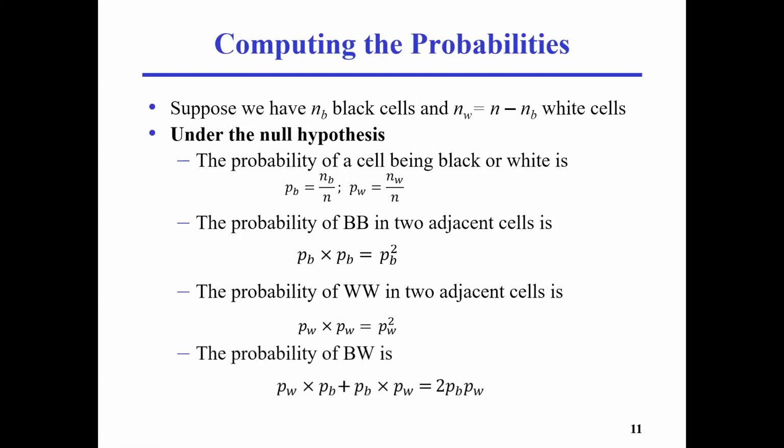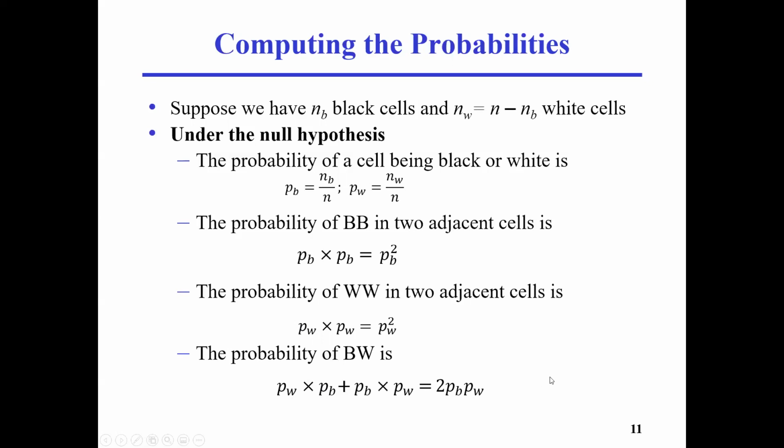For a BW join, the probability of finding that is 2 times PB multiplied by PW, because it could be a white cell and a black cell, or a black cell and a white cell. So we add them up. The total probability is 2 times the product of PB and PW.